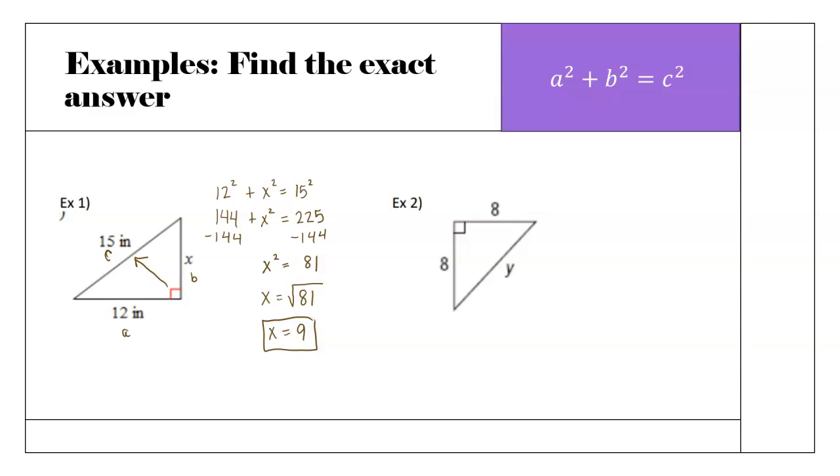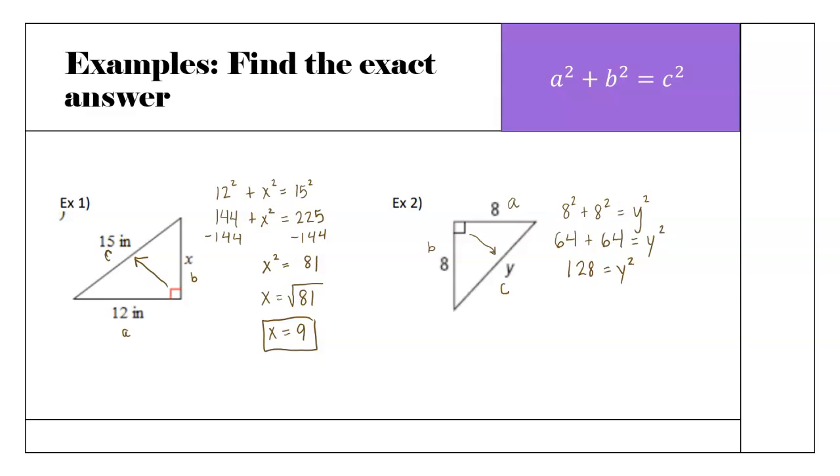In example 2, I have two sides that are 8. Those are both legs of my triangle, but it's very important that I treat Y like the hypotenuse, because it's opposite the right angle. So when I set up my Pythagorean theorem, it's going to be 8 squared plus 8 squared is equal to Y squared. 64 plus 64 is equal to Y squared, or 128 is equal to Y squared.